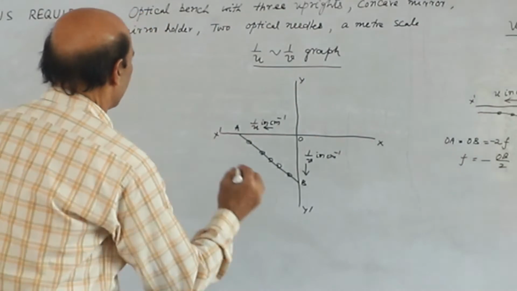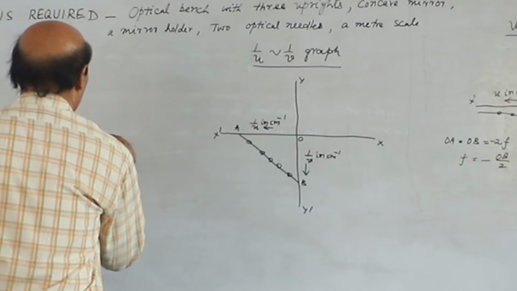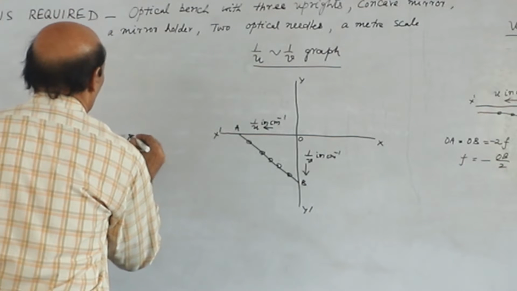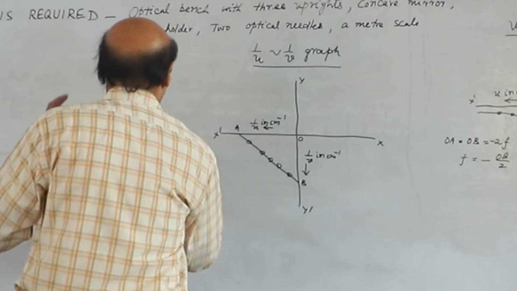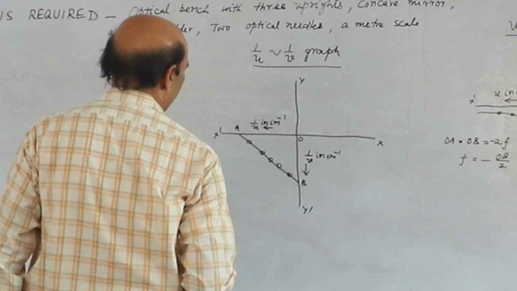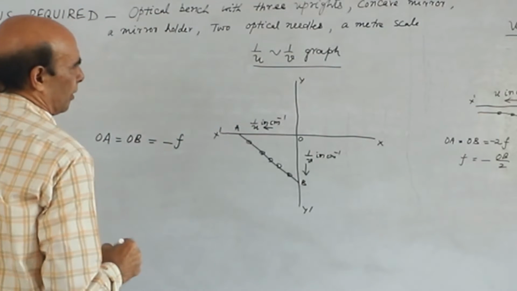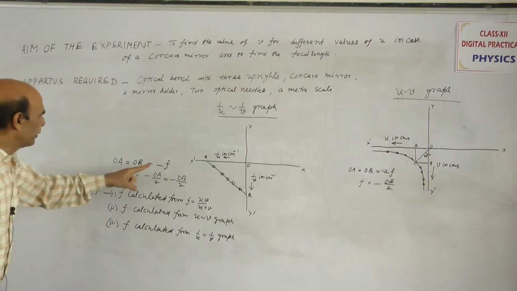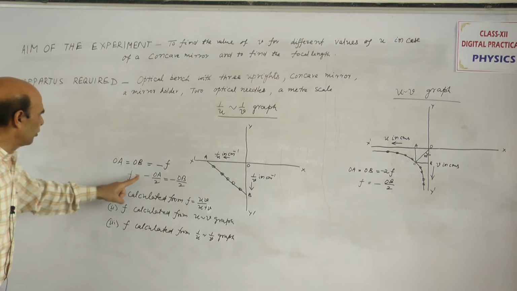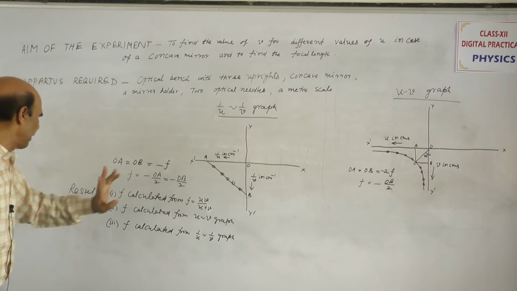And we will have here OA equal to OB equal to minus, therefore F equal to minus OA by 2 or minus OB by 2.